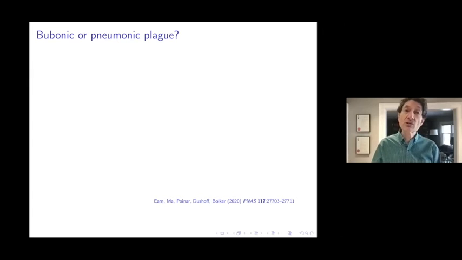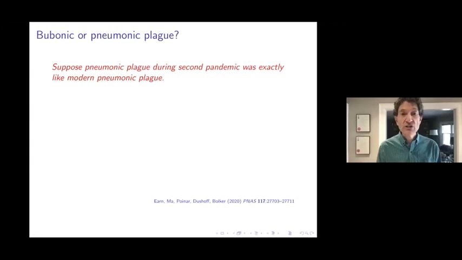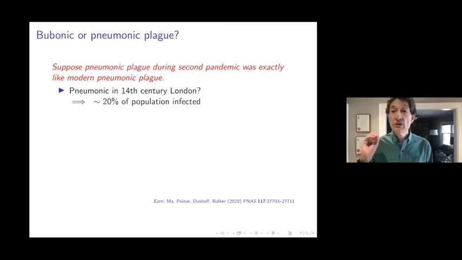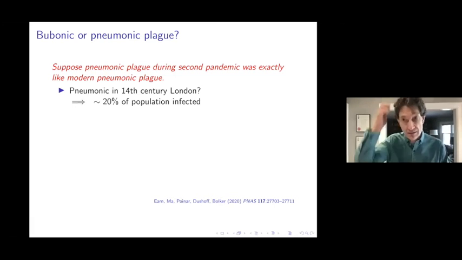If we use the parameters we estimate from modern data, then we have enough information to actually estimate R0 for the 14th century and consequently the expected final size or attack rate of the whole epidemic. And if we do that, then for the 14th century in London, if it were strictly a pneumonic plague epidemic, we would estimate that about 20% of the population in total was infected.